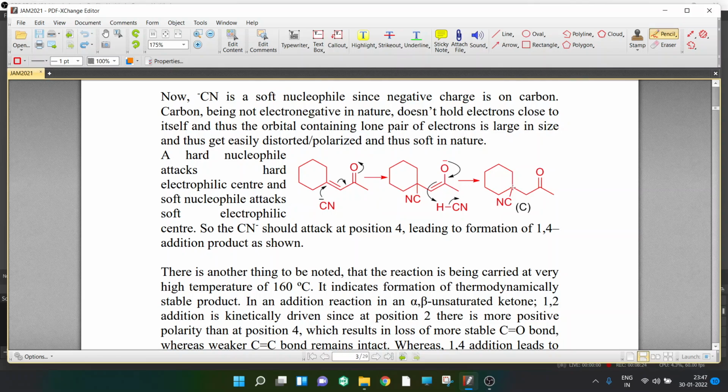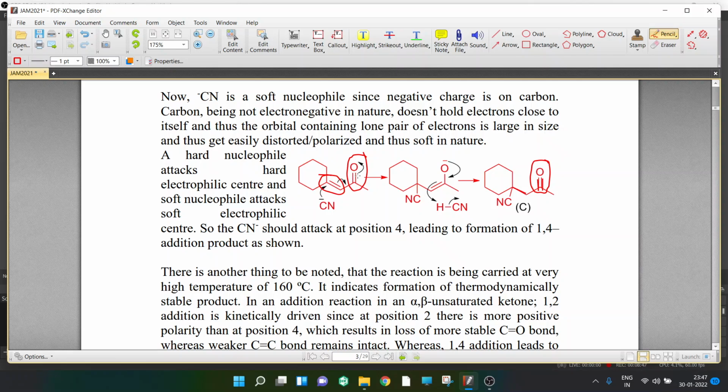You can see the carbon-carbon double bond is lost, but the C=O bond is retained. It is thermodynamically more favored to lose this C=C rather than C=O. C=O is more stable than C=C, so when it is formed, more energy is released.